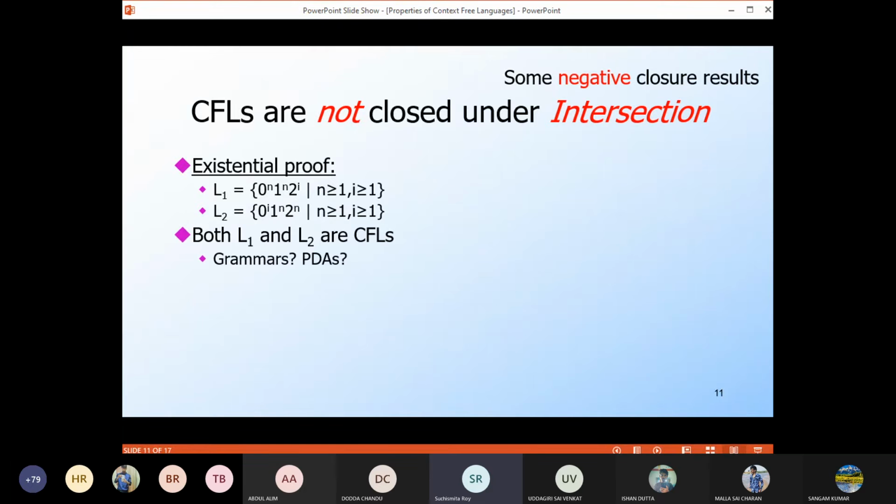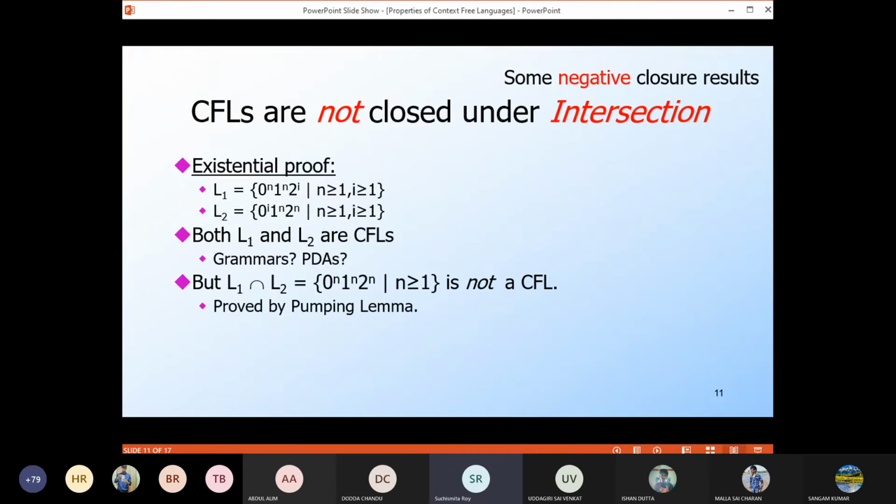Now, what about L1 intersection L2? How will you define L1 intersection L2? L1 is strings of zeros, ones and twos in that order, where you have an equal number of zeros and ones. And L2 is strings of zeros, ones and twos in that order, where you have an equal number of ones and twos.